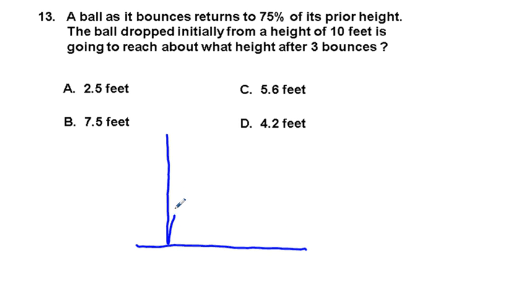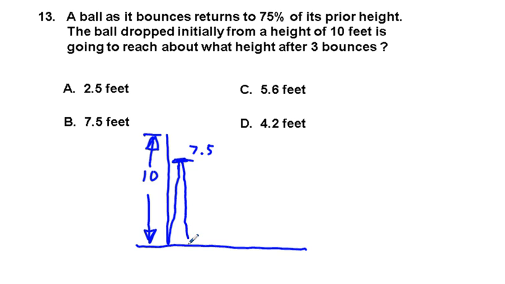Okay, so here's 10 feet. And after the first bounce, it returns to 75%. So right here, after the first bounce, we're going to go to 75% of 10, which is 7.5 feet.